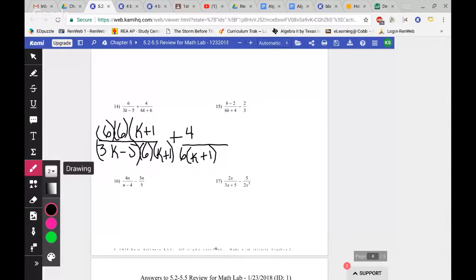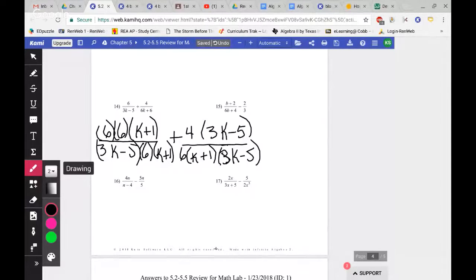And over here, I've got to multiply the denominator by 3k minus 5. And once again, whatever I do to the bottom, I must do to the top. So now I'm going to start my multiplying. And I've got 6 times 6, which is 36.